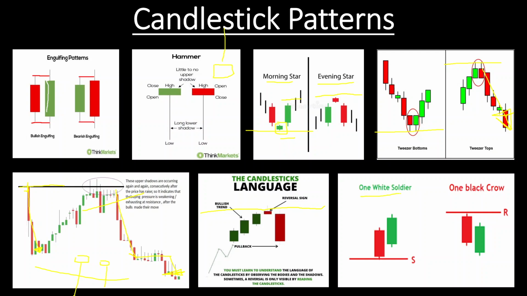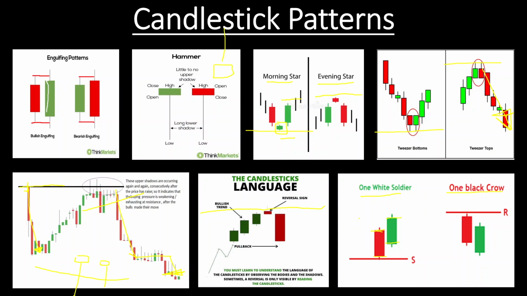So finally, we have one white soldier and one black crow. One white soldier is when the candle opens above the previous day's close and then closes above the previous day's open. So we can see in this candle the price opened here and closed here.